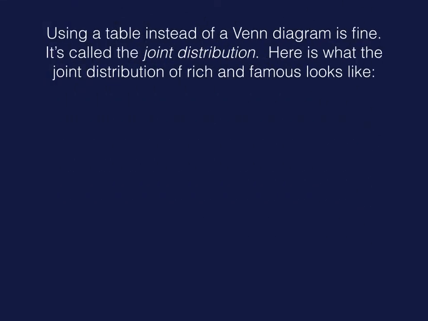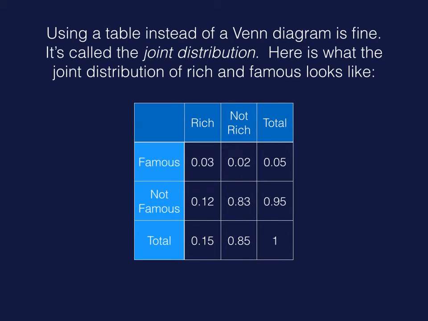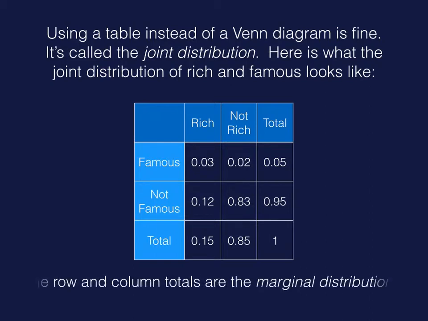Okay, we don't need the Venn diagram. We can make a table called the joint distribution. It has all the same numbers that the Venn diagram did. The 3%, 2%, 12%, and 83% are neither. But it also has row and column totals. Now these numbers are called the marginal distributions, and they are useful.